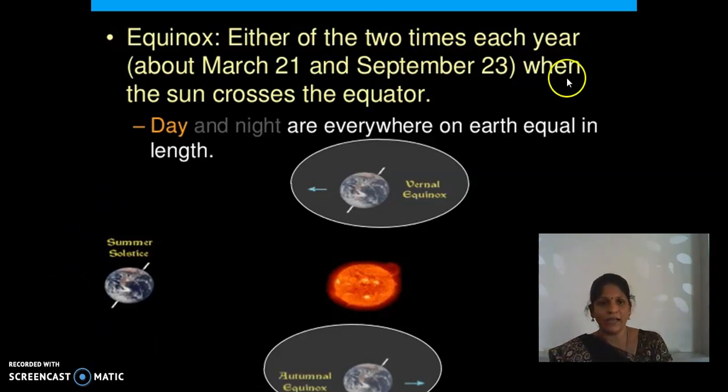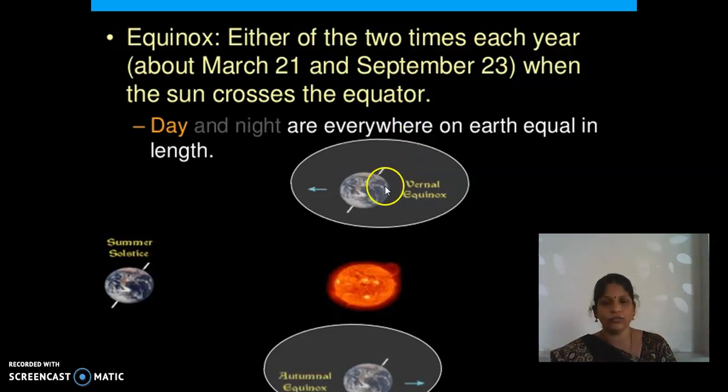But when the earth comes to this position, now you see the southern hemisphere receives the direct sunlight, or more sunlight. So for them it is long days and short nights. For the northern hemisphere people, short days and long nights, okay.